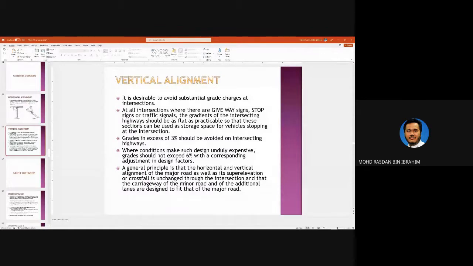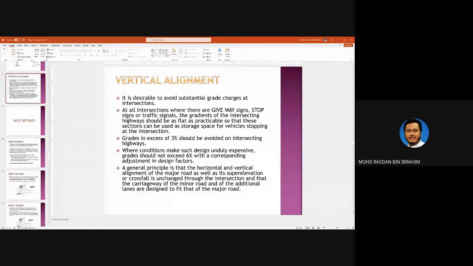A general principle is that the horizontal and vertical alignment of the major road, as well as its super elevation or crossfall, is unchanged through the intersection, that the carriageway of the minor road and the additional lanes are designed to fit that of the major road. So the crossfall, everything maintained as the same, and it is designed to fit the crossfall of the major road.